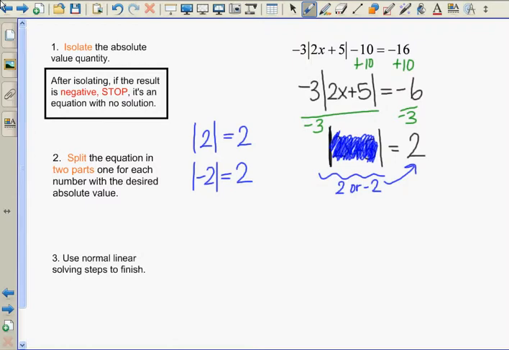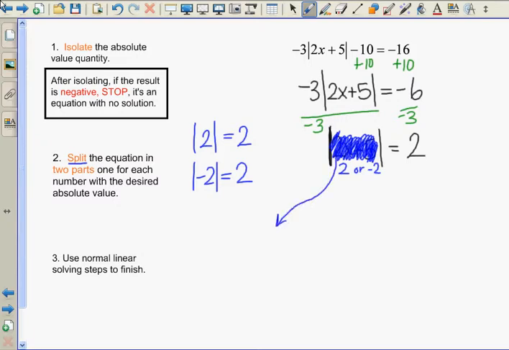So what we're going to do now is split the equation into 2 parts, one for each number with the desired absolute value. This is a lot of writing, so let me simplify this a little bit. We said this inside stuff could be 2 or -2, and those numbers would have an absolute value of 2.